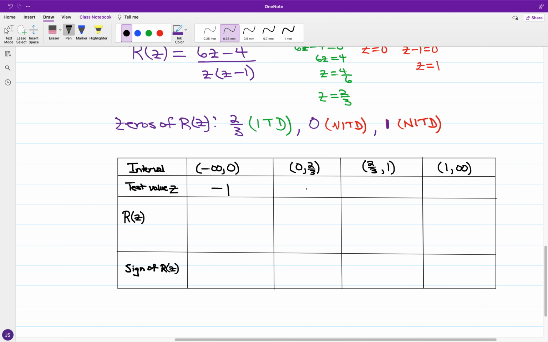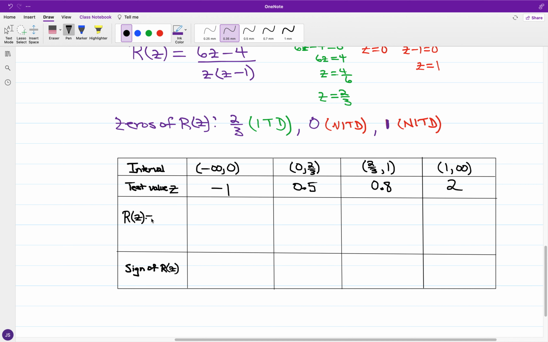I'll go with the fraction 1/3. And anything beyond 2/3 but less than 1, I'll go with a decimal, say 0.8. Instead of 1/3, I'll go with 0.5 as a decimal here as well. And for anything greater than 1, I'll just go with the number 2.